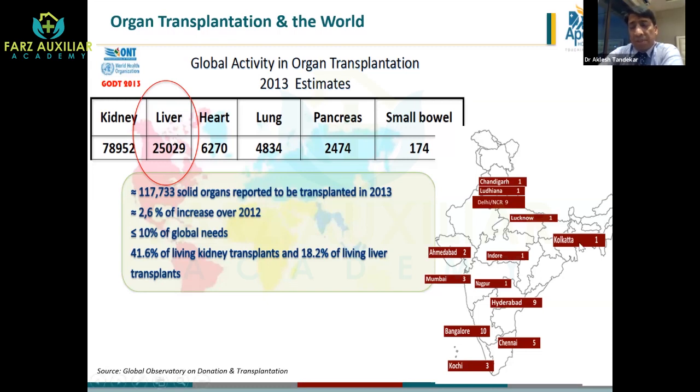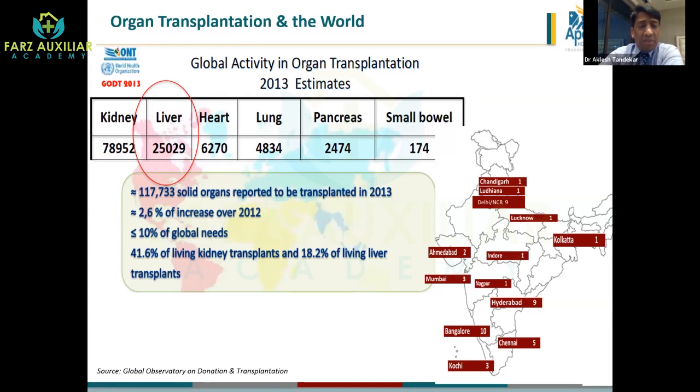If you see the pattern of requirement, the highest organ requirement is seen in Bangalore. Next, the maximum organ donations are happening in Chennai and Bangalore. There are other areas like Kochi also, where a lot of organ donations are happening.